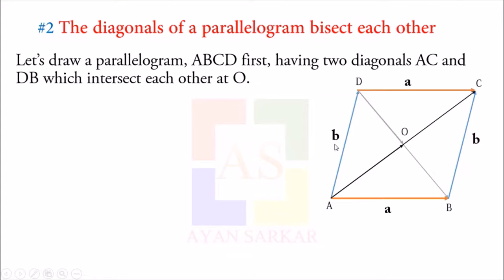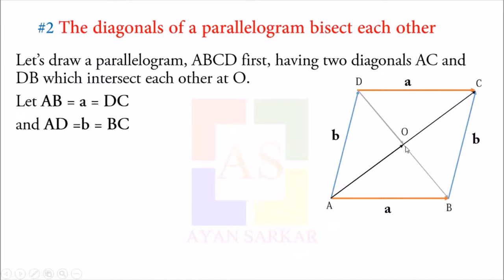This AD has been represented by b vector, and this BC has been represented by b vector also. So this is the diagonal vector, this is the point of intersection, and this is one vector DO, and this is AO vector.